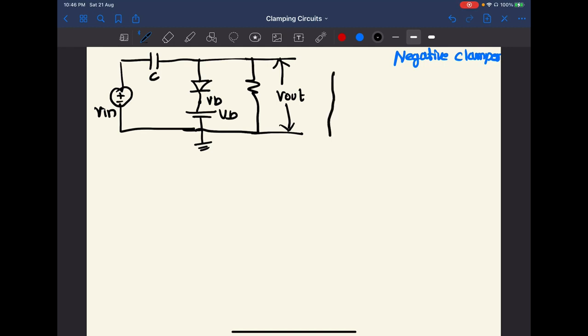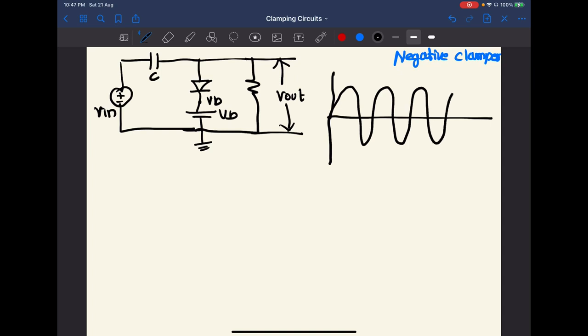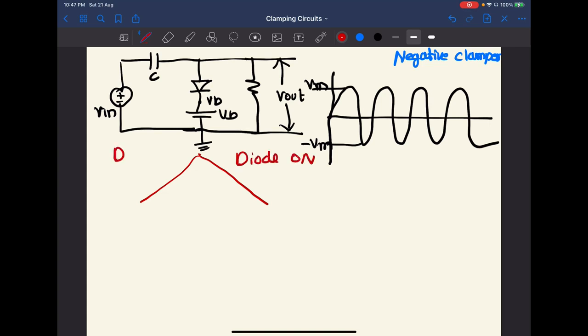And the next approach is we are providing here a sine wave as an input of amplitude Vm, and here we will be dividing this again into two cases: diode on condition, diode off condition.